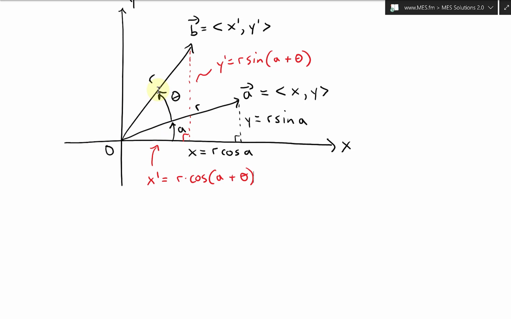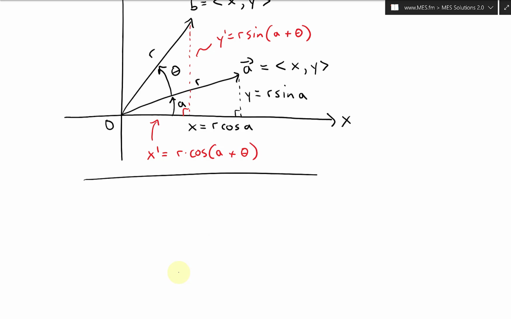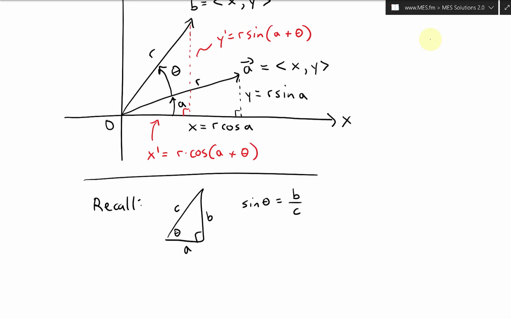So a plus theta now, just using the basic trigonometric concepts or definitions. Just put a note here. Recall how we did the triangle setup. If you had a triangle like this, where the adjacent is a, this is b, this angle is theta, and the hypotenuse is c, then sine is defined as the opposite over hypotenuse, so b over c, and then we can move the c over there.